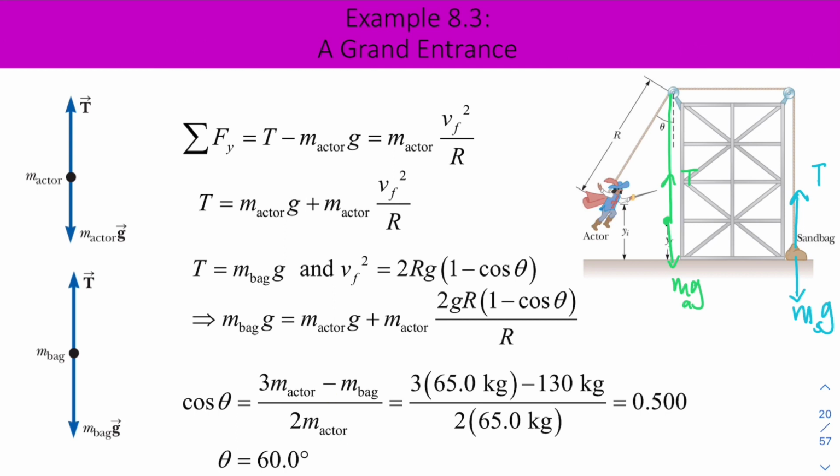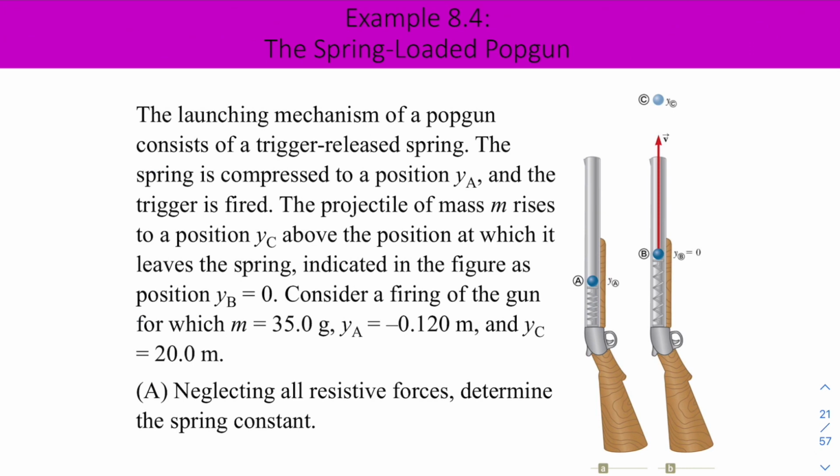Then you substitute everything here, and you see we can simplify the terms. Finally substitute the m of the actor and the sandbag, then you will have cos theta equivalent to 0.5, which gives theta equivalent to 60 degrees.